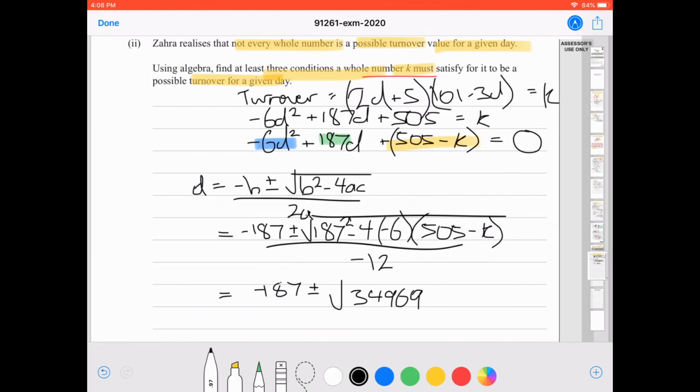And I'm just trying to save some time. Let's multiply 24 by 505 as well. Okay, and that becomes positive 12,120, and we've still got the k left over, so it's minus 24k. Okay, and this is all over negative 12.